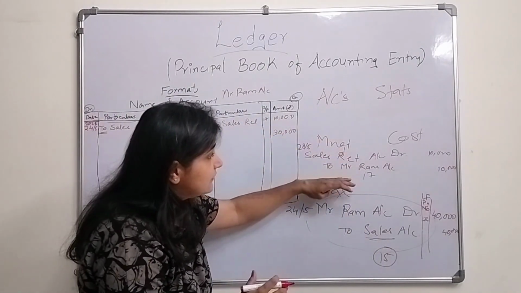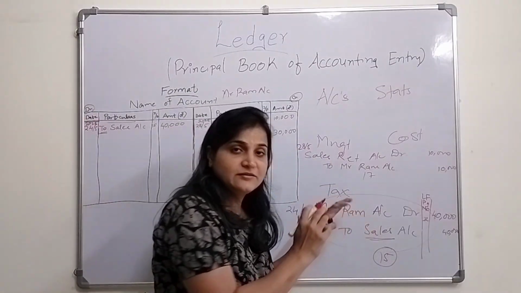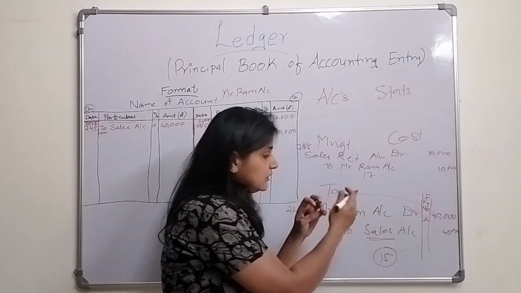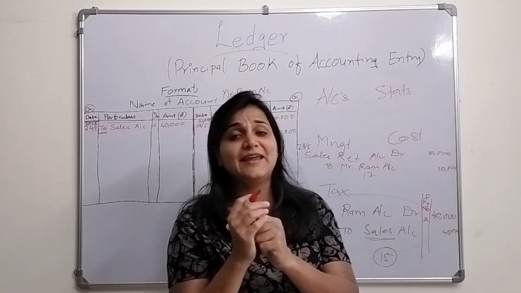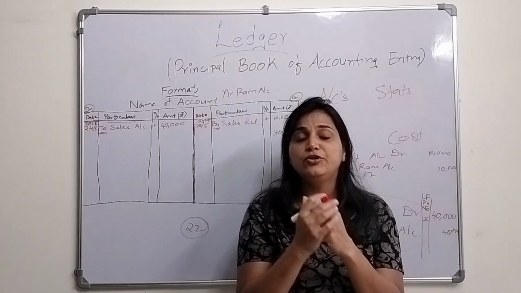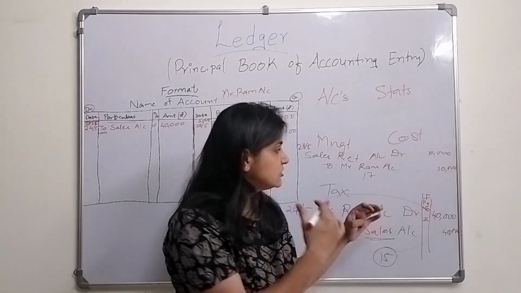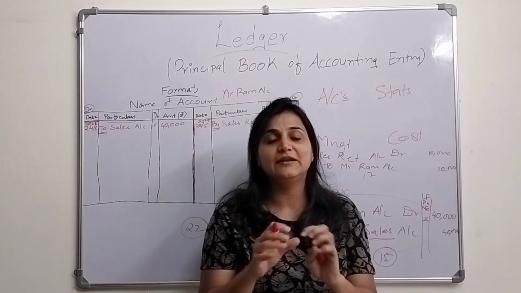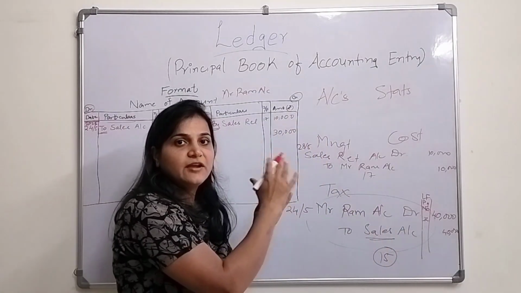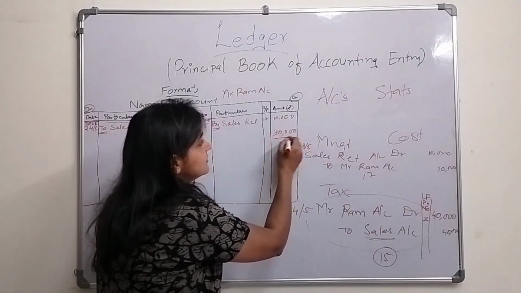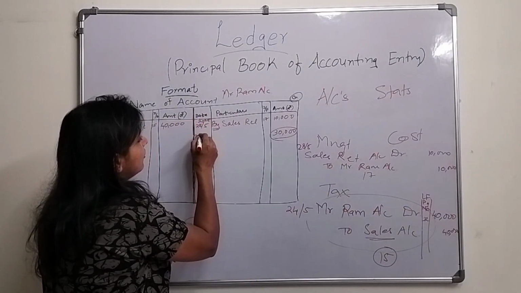If this is not posted, and I just keep on journalizing and recording transactions in the journal, then at the end of the month when I want to know how much Mr. Ram is liable to pay me, I can't just take a calculator and keep on adding all these things. This is the easiest way wherein I get to know that 30,000 is due from Mr. Ram on 30th of May.